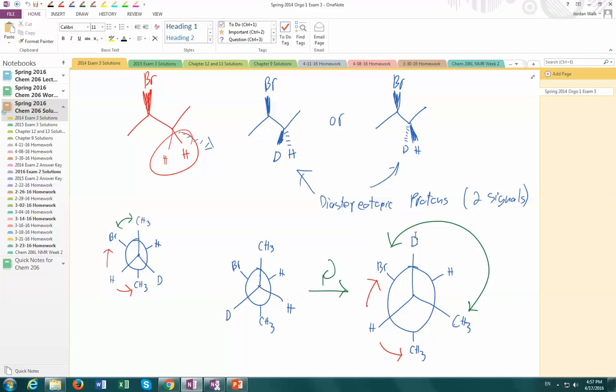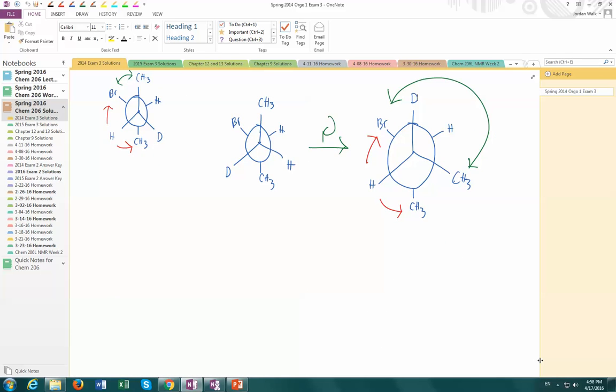Would an allylic halide in SN2 be not as favorable as a normal halide, because they'd be more crowded? So an allylic halide would actually be less crowded. Basically, if we were comparing this structure versus this structure, which one would be more crowded?